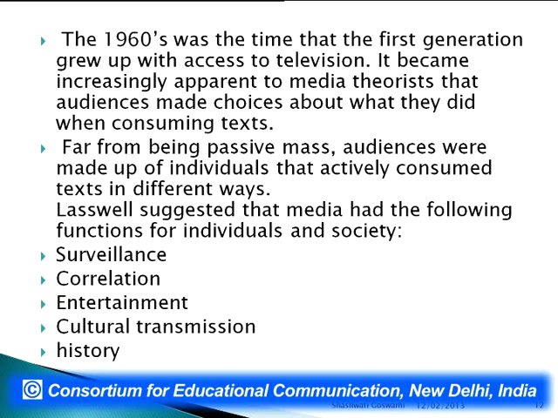Then entertainment, which obviously no one can deny. We consume media a lot for entertainment. And of course, cultural transmission, the heritage transmission of one culture to the other, and making us aware of our own cultural heritage and history. These were the functions of media for individual and society, as Lasswell said.